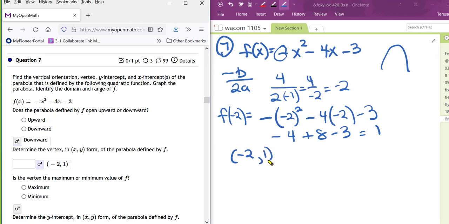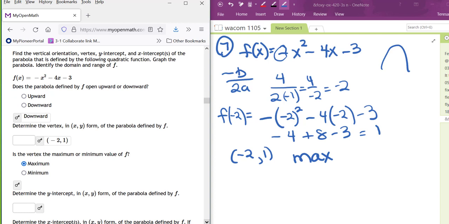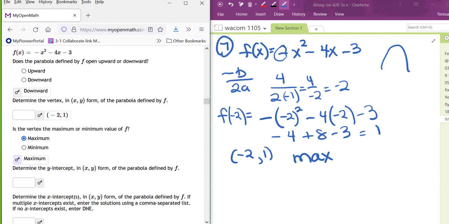Okay. And then it asks us about max and min. All right. Since it opens down, we determined that by the sign here, it's going to have a max. And the y-intercept, we could get the y-intercept off without much work. 0, negative 3.